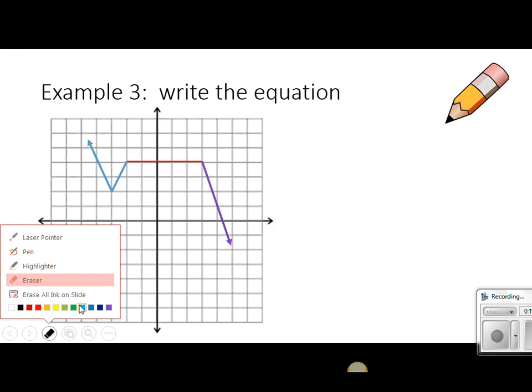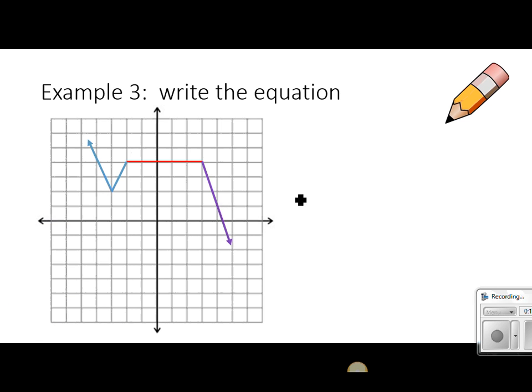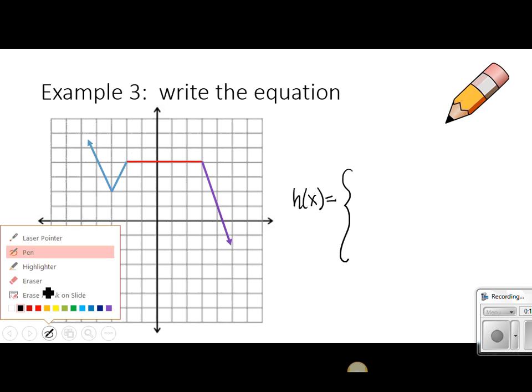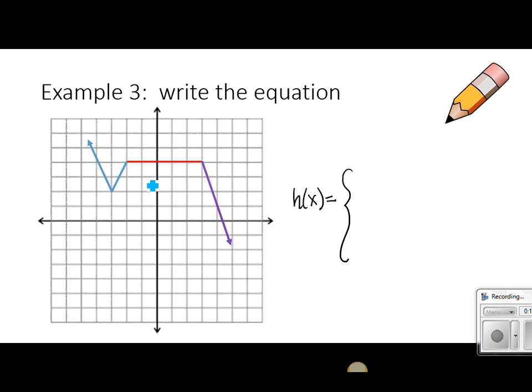So let's go ahead and start with naming the function and writing our brace. And then I'm going to do the blue V. Now this is a vertex. The vertex is -3, 2.